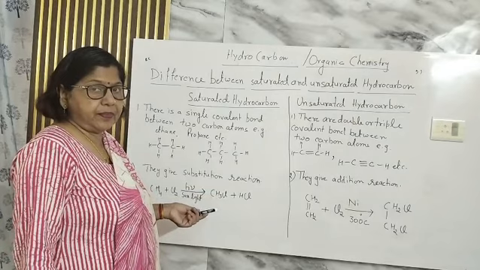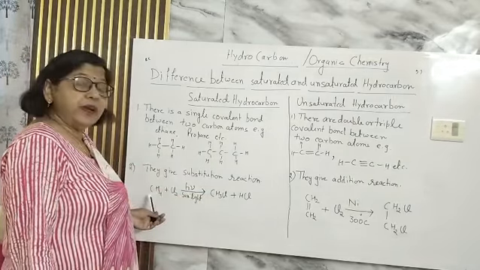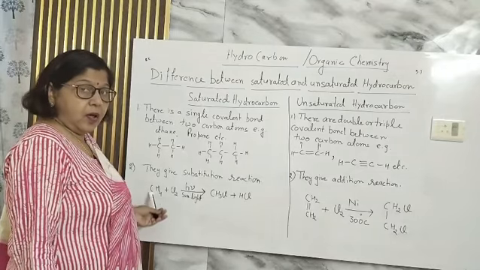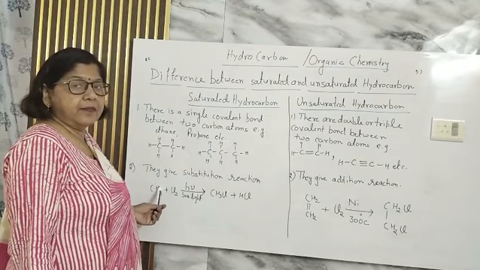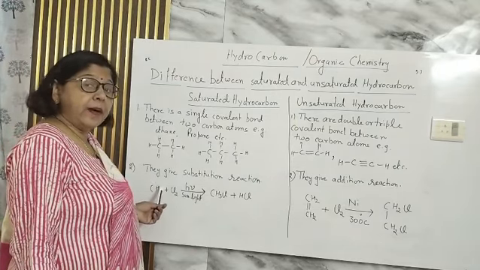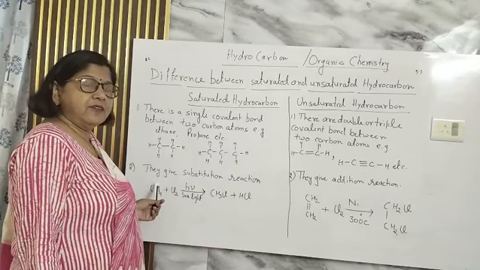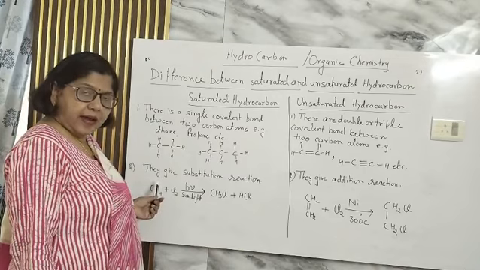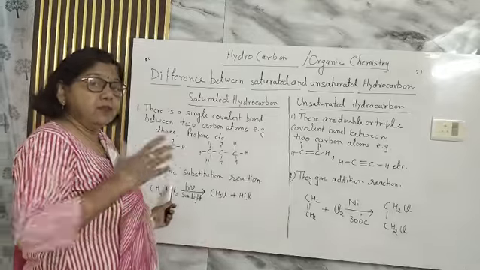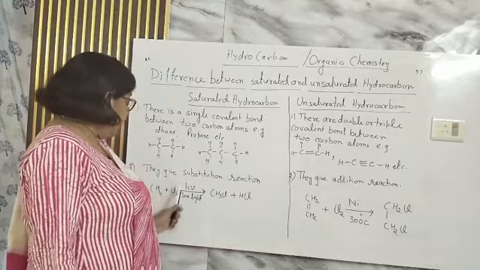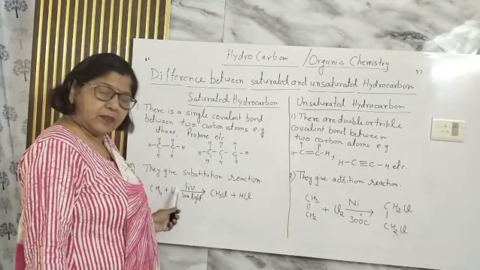What is the reason behind it? The reason is, children, that in saturated hydrocarbons, all the electrons of every carbon atom are bonded with the four electrons of different atoms. Now there is no free valency left where a single chlorine atom can be added.